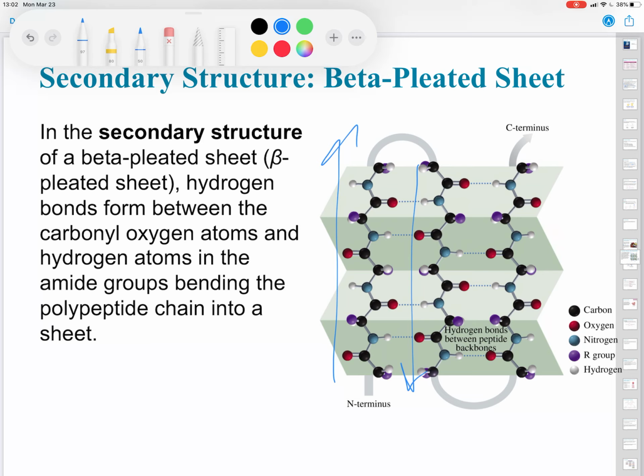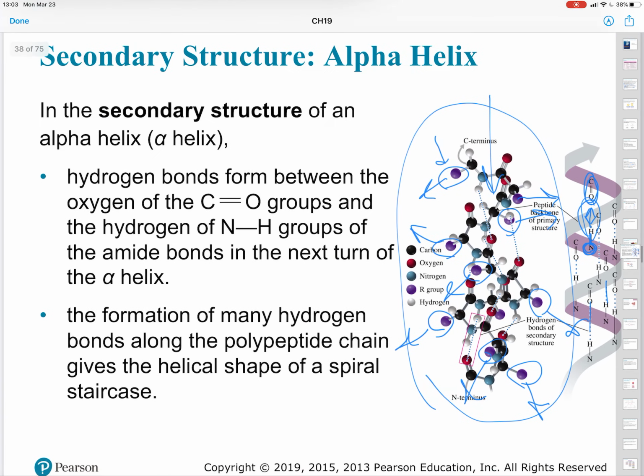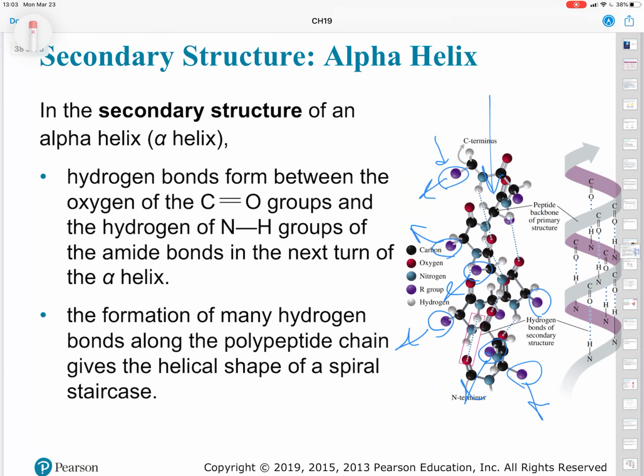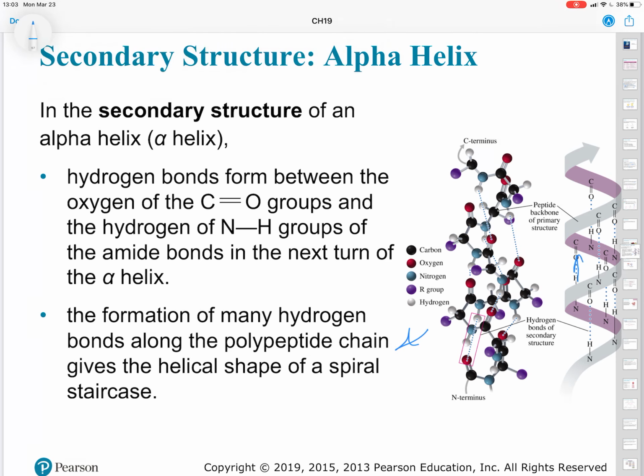So the secondary structure beta sheets is just what happens when we get hydrogen bonding that is not happening in the same direction as the chain is growing. That's something else you might notice from the previous one. What I'm trying to show you here is that the direction of the hydrogen bonding in the alpha helix is in the same direction as the chain is growing.